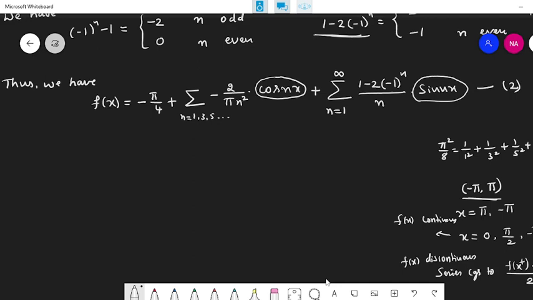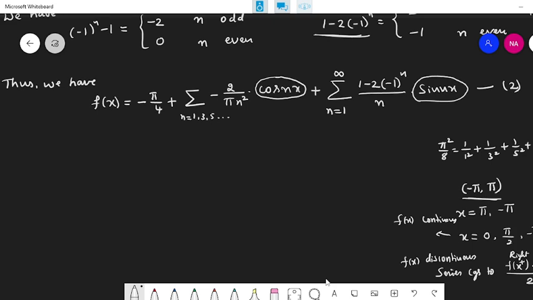X plus means this is called right hand limit and x minus is left hand limit. This one is f of x plus, that is right hand limit, and this one is left hand limit.